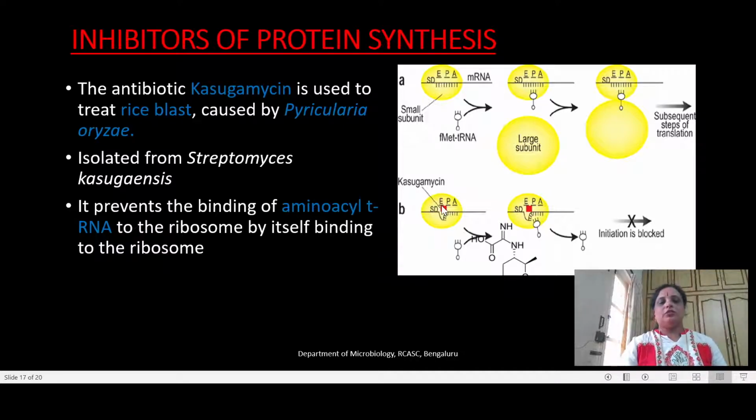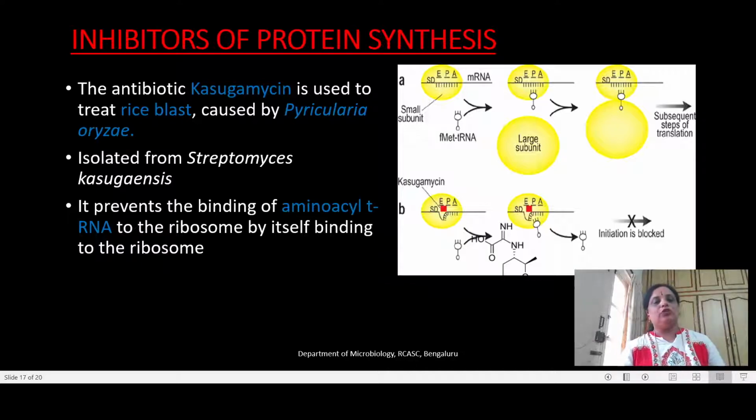So this kasugamycin binds itself onto the ribosome. It blocks the site where the tRNA was supposed to come and bind. Hence, the initiation of protein synthesis is blocked, and this affects the protein synthesis.